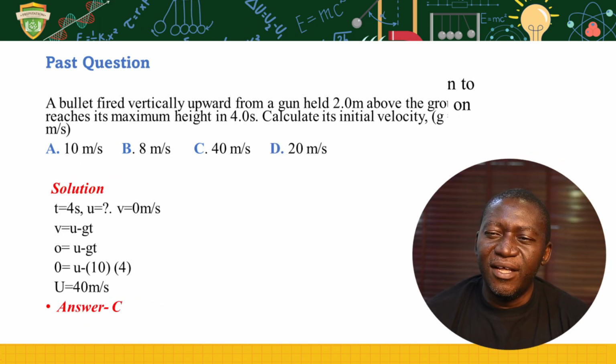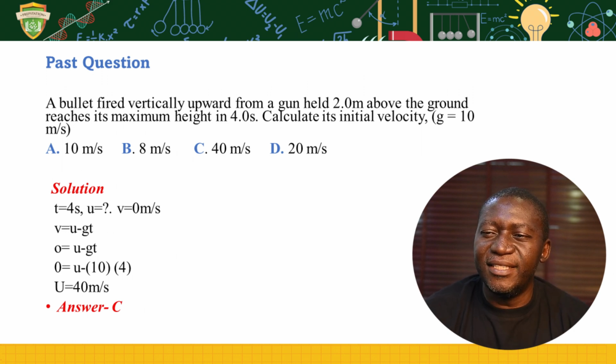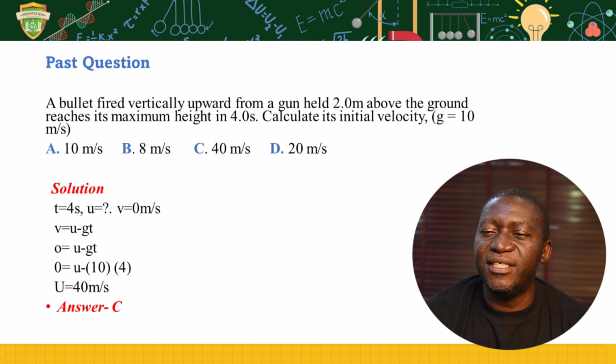Now, let's take the last question under this topic. It says a bullet fired vertically upwards from a gun held 2 meters above the ground reaches its maximum height in 4 seconds. Calculate the initial velocity, taking your acceleration due to gravity to be 10 meters per second squared.